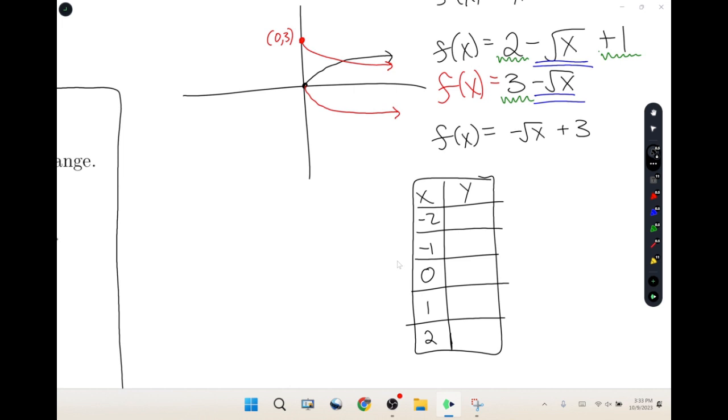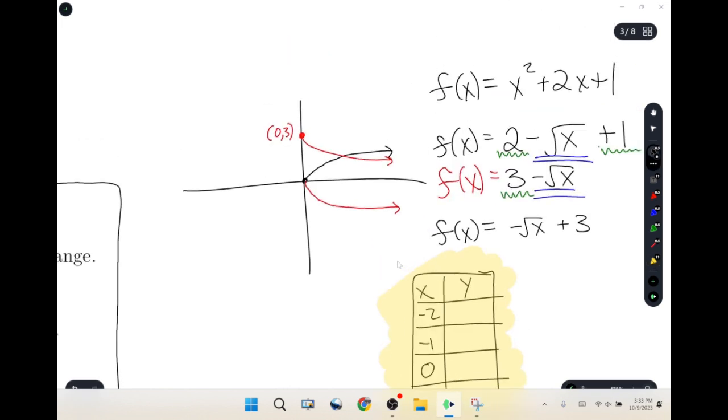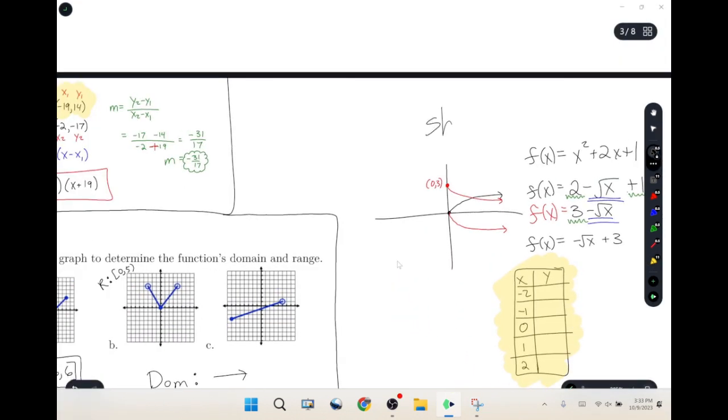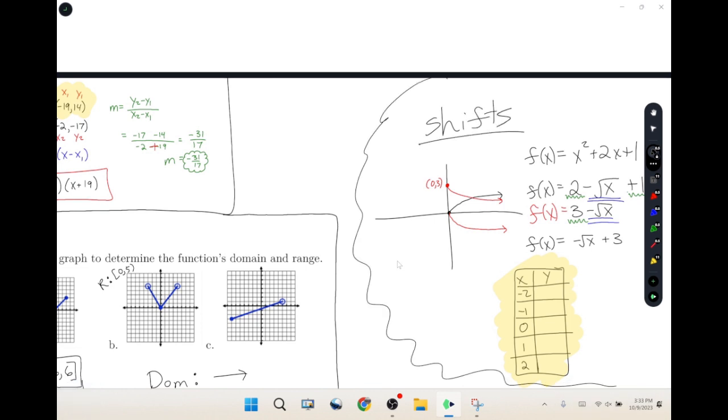So you skip every other one, you got 10 points to plug in. You did 10 plug and chugs max. That's not too bad. So, if I were taking a test, I'd do this. That's just me. And then maybe check it and say, does that look like a shift that I know is happening? Maybe. This is all in that shift section. That was kind of a tough section of the book.